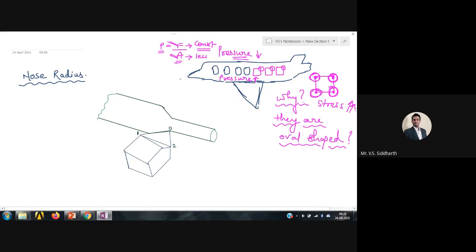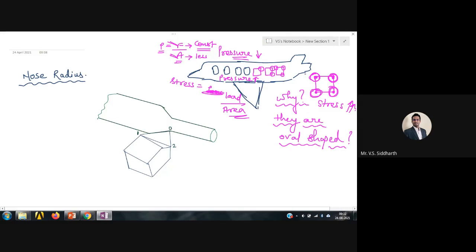Pressure is equal to force upon area. Stress is also equal to force, load upon area. So at these corners, if the corners were made like this, the stress will be very, very high.